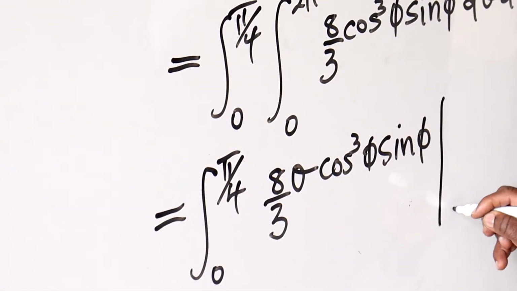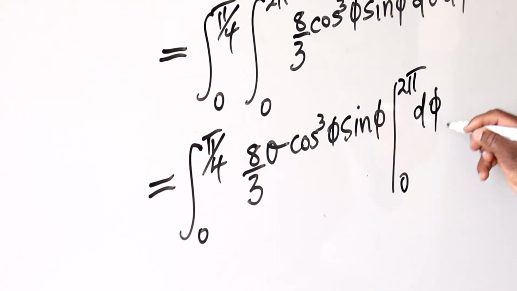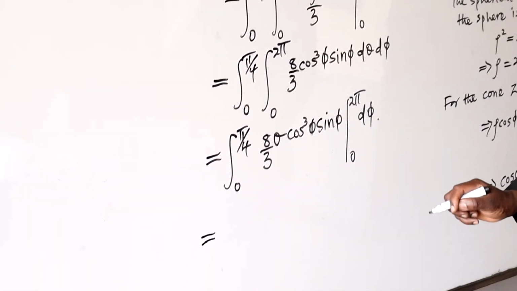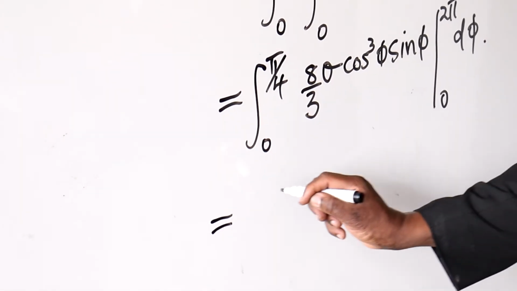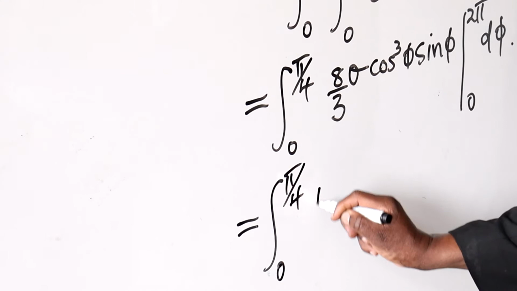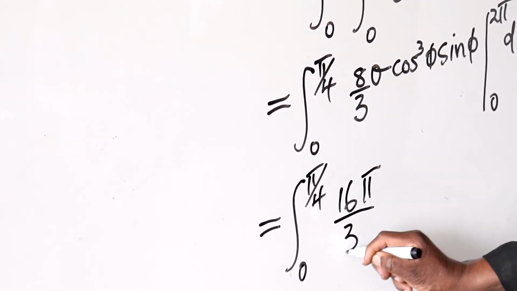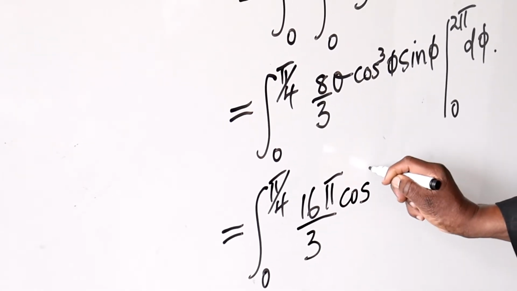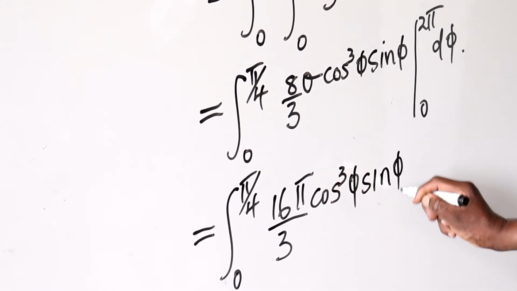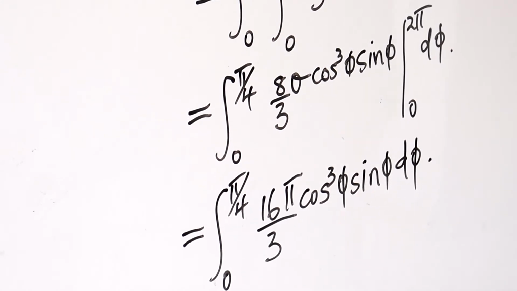So we put limits 0 to 2 pi, then we have d phi remaining. When we insert our limits, we get from 0 to pi over 4, 16 pi over 3 cos cubed phi sin phi d phi.